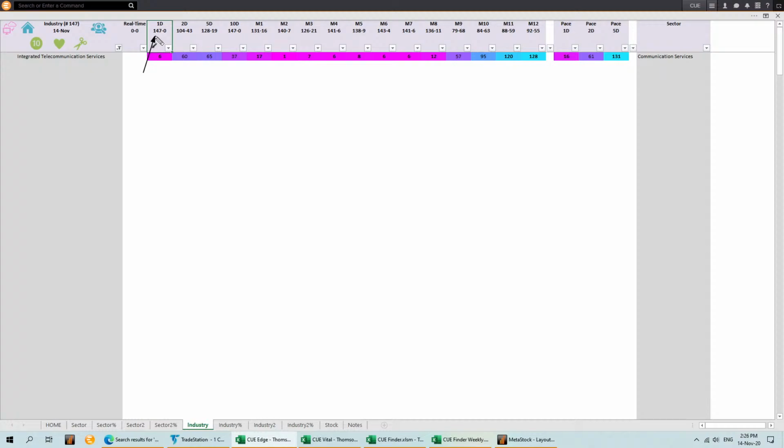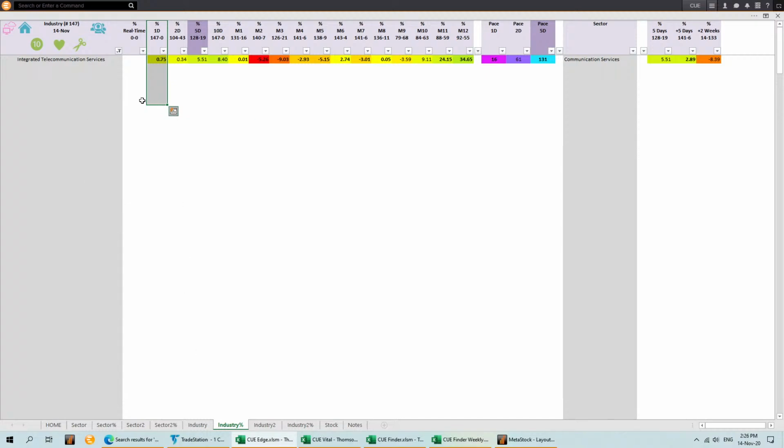So it is normal that some industry will be weaker than others. And of course, it is one of the weakest yesterday. But that weakest industry also went up by 0.75%.